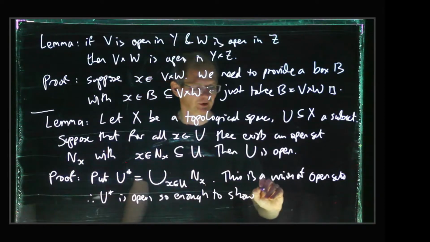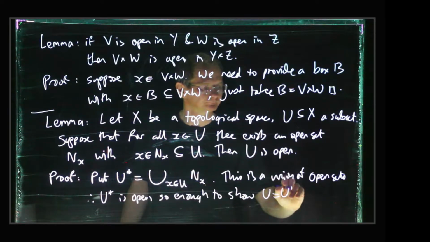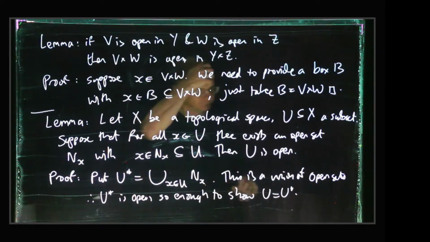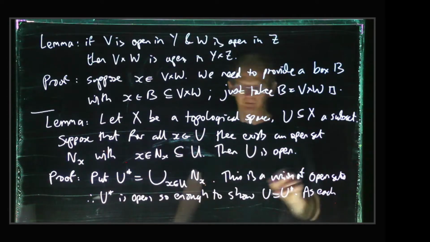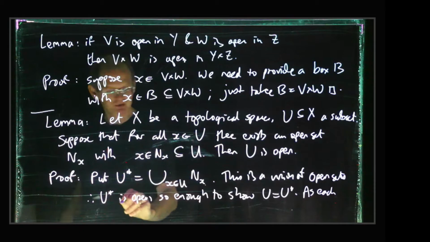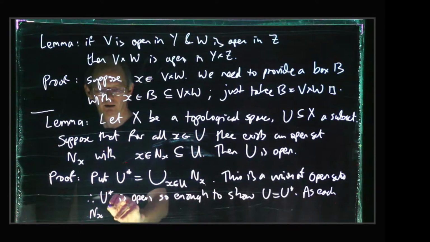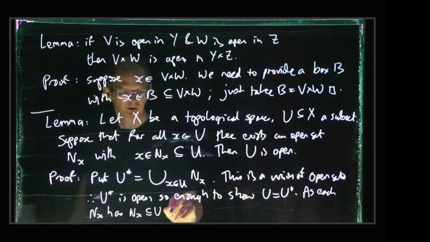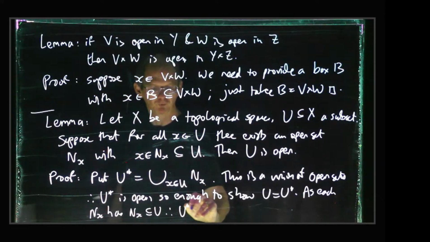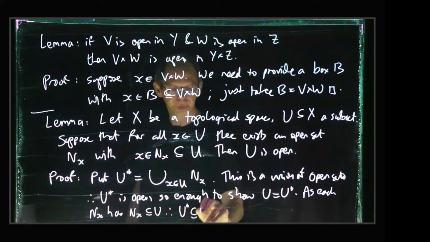So it's enough to show that U is the same as U star. But each N_X is contained in U, and it follows that the union of all the N_X is also contained in U.